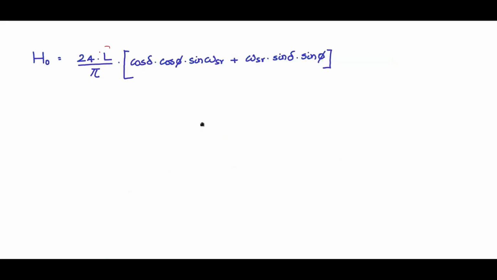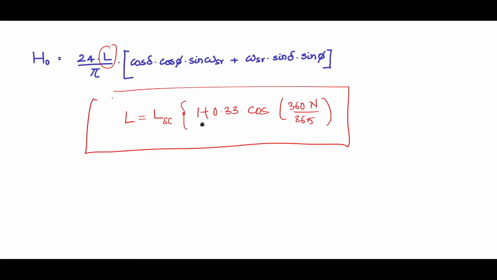And here in place of this L, we can substitute one value, that is L equal to LSC, that is mean solar constant, into 1 plus 0.33 cos of 360 n by 365. So this is the actual insolation over a year, where n equals the day of the year.